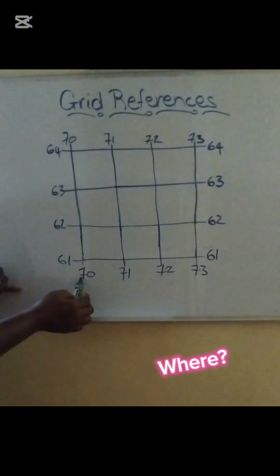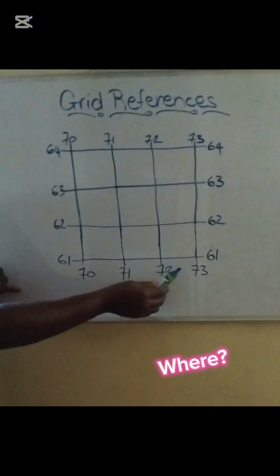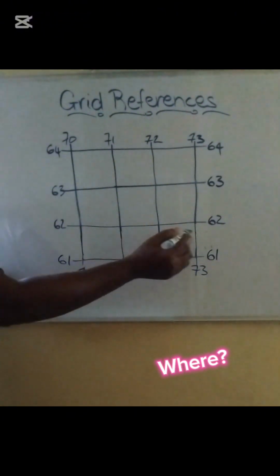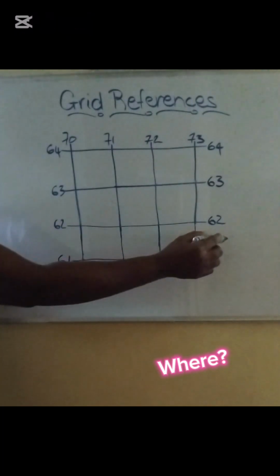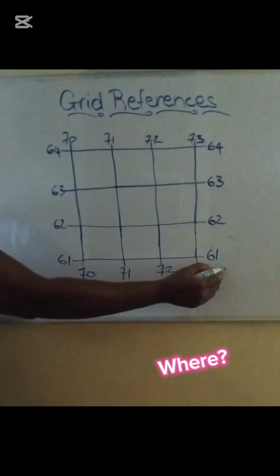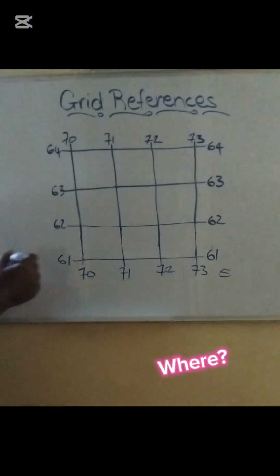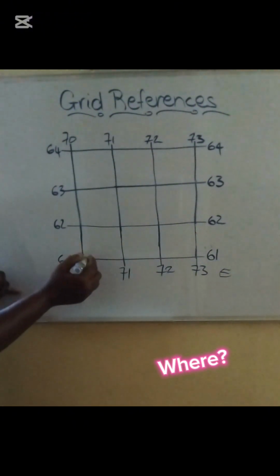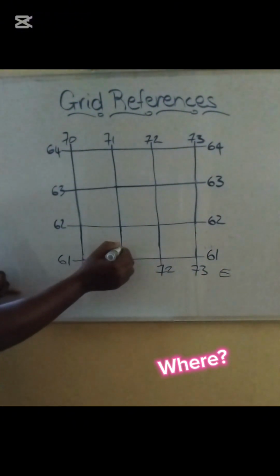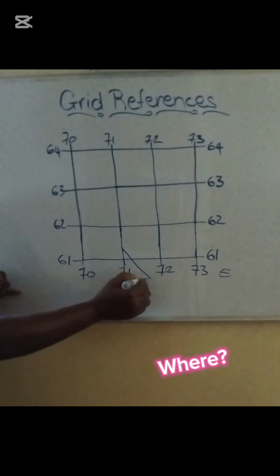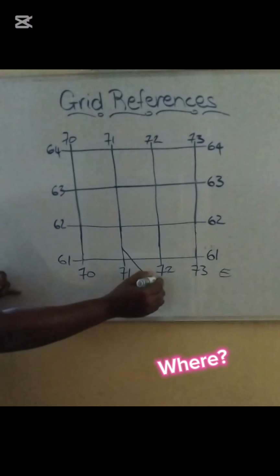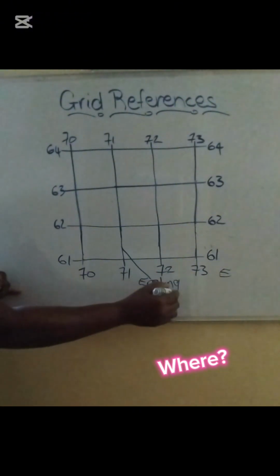If you notice that the numbers increase as they go toward the east. Yes? As they go toward the east, they increase. So we call them eastings. So these vertical lines are called eastings.